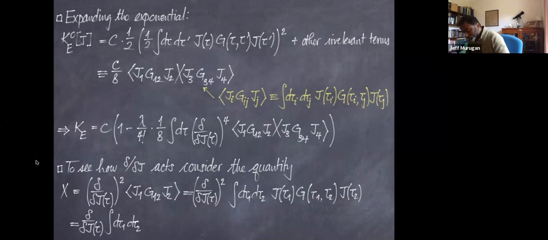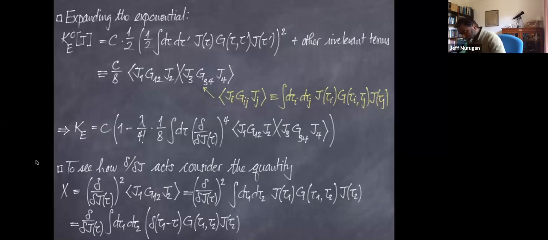The first term has delta acting on this guy here, which produces a Dirac delta function, delta of tau 1 minus tau. And then I have what's left over, g of tau 1, tau 2, j of tau 2.